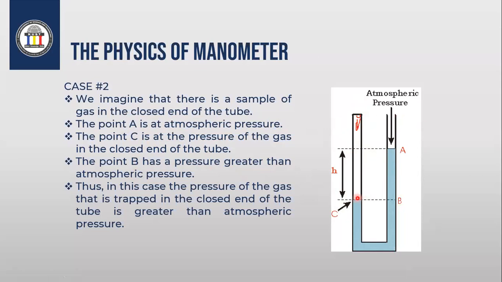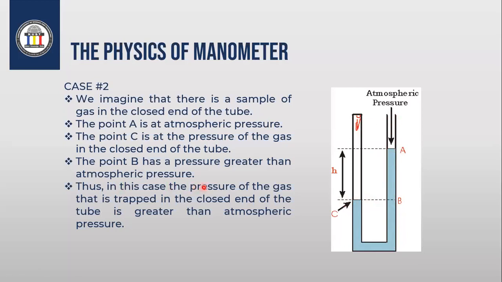So point B is the point where the pressure on that side is bigger than the atmospheric pressure. B will always be in front of C. So this amount of space here is the difference between the pressure in the open area and in the closed area.